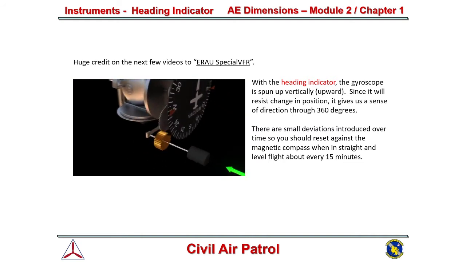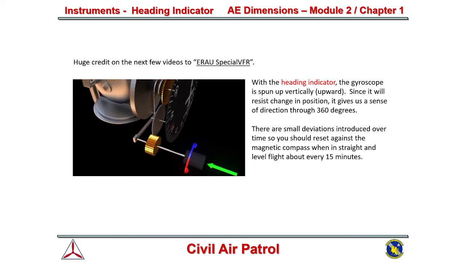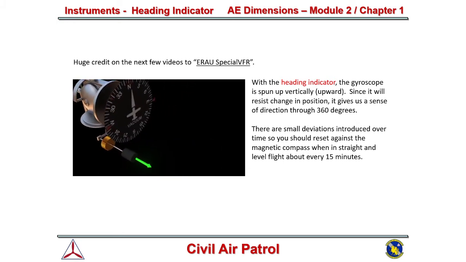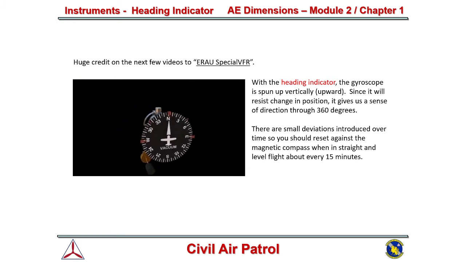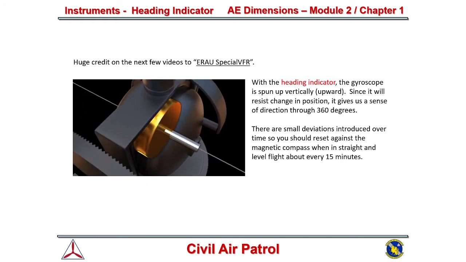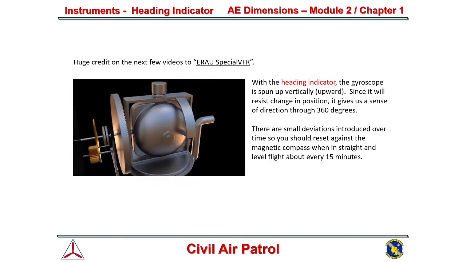So the rule of thumb is that roughly every 15 minutes, you want to push that in, as they're showing on the screen, and reset your heading with the magnetic compass. Very important. You don't want to be lost because you're going 20 degrees in a different direction than you think you're going. And again, there we can see that the gyroscope is spinning vertically.